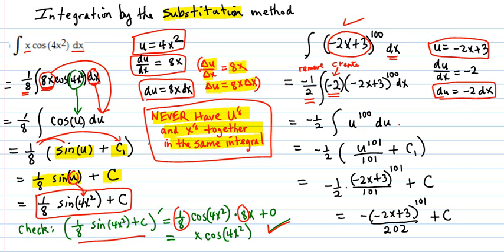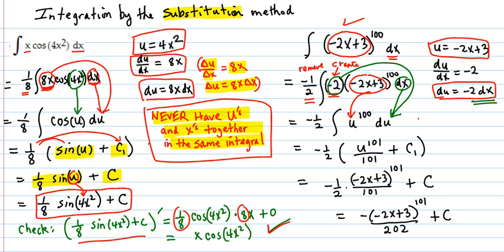Then I'm ready to switch over to u's. Never have u's and x's together in the same integral. Convert everything over. So here is your negative 2 dx. That becomes the du, negative 2 dx. And this part inside here is your u. That's what's being called u.